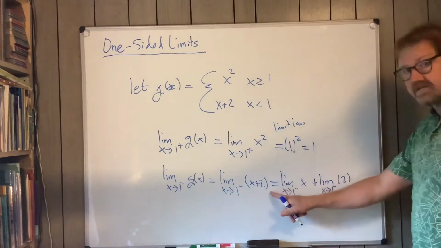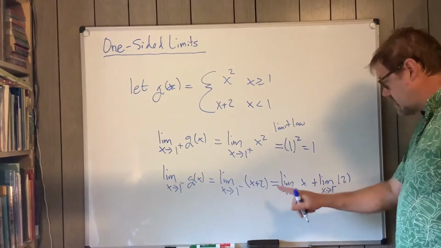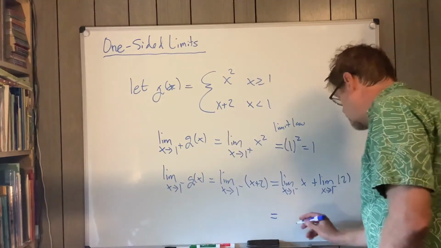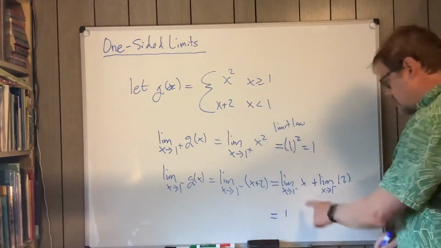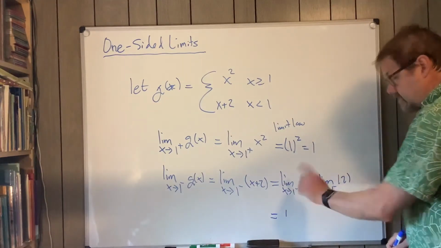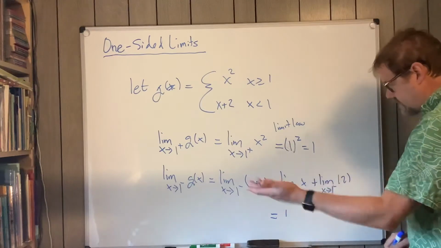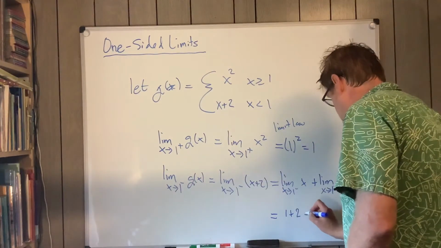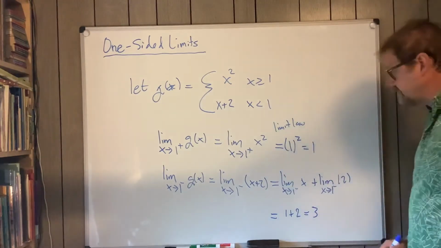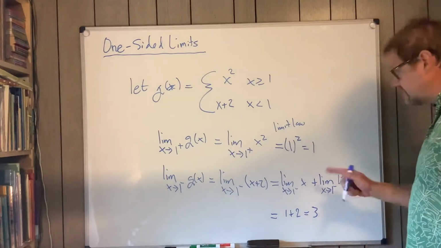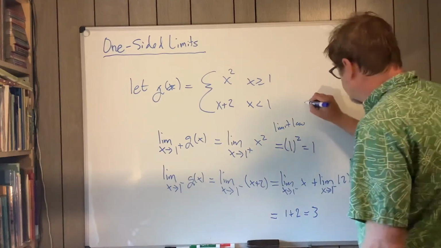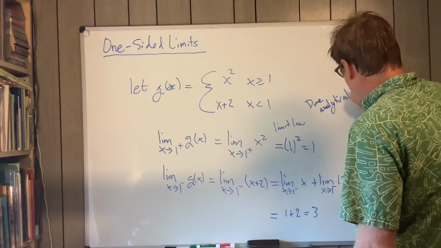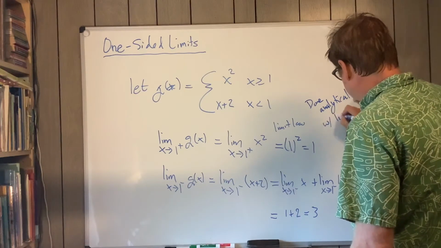I believe this is the addition limit law. I think it was number 3, what we talked about the other day. Again, don't let the negative sign confuse you with the sign. This is just 1 on the left-hand side. So I just plug 1 in there, and I plug 2 in there, and I get 3. So this was done analytically with limit laws.